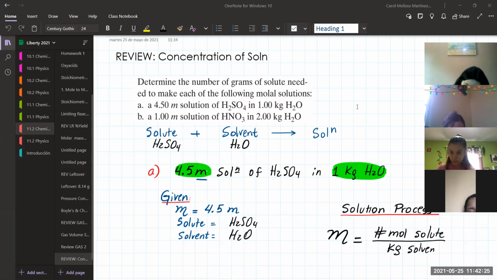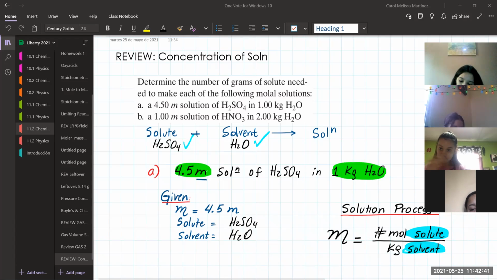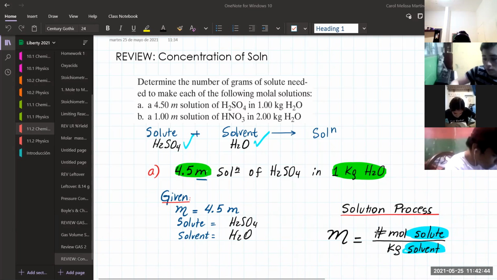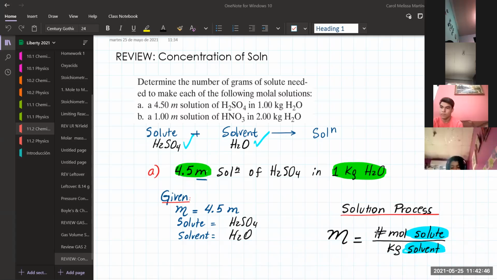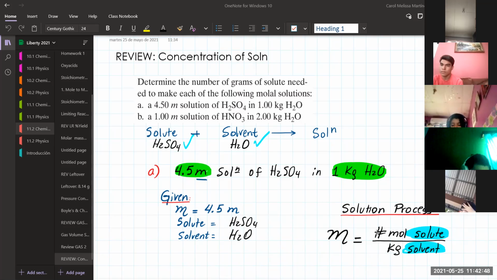So the first step that I always recommend is to identify which one is the solute and which one is the solvent. We already did right here, okay? We already know that the solute is H2SO4, sulfuric acid, and the solvent is water. That is important. That's why I do it as a step 0, always.